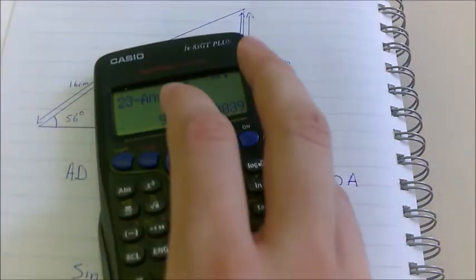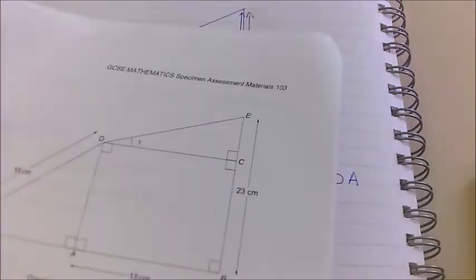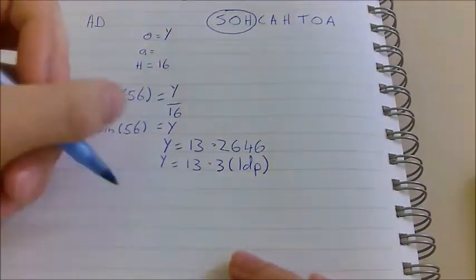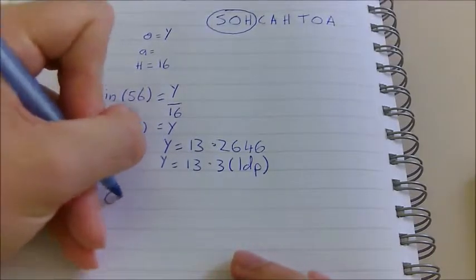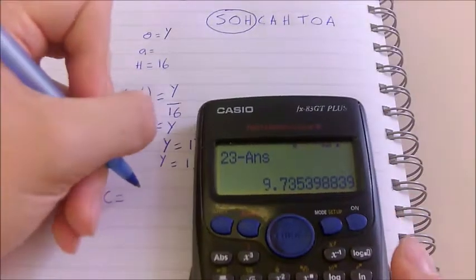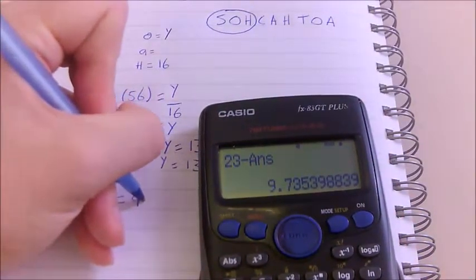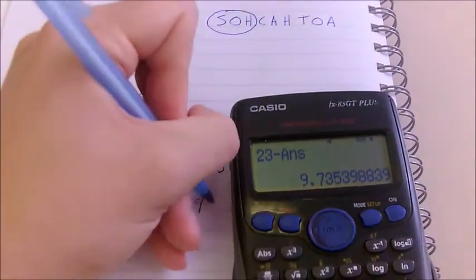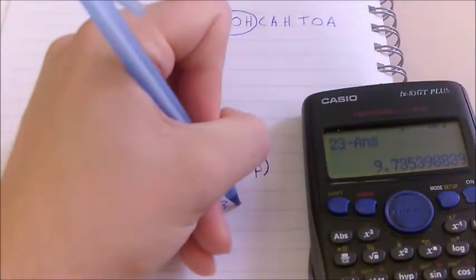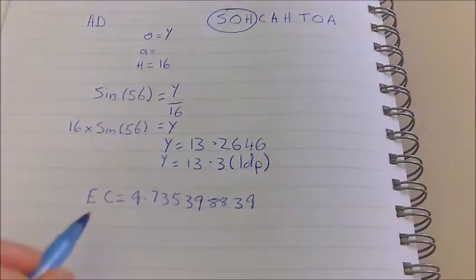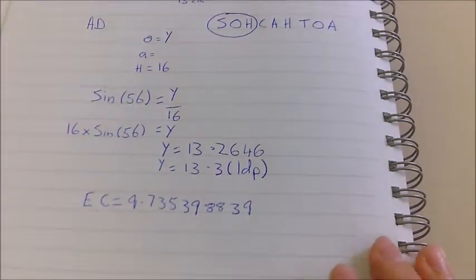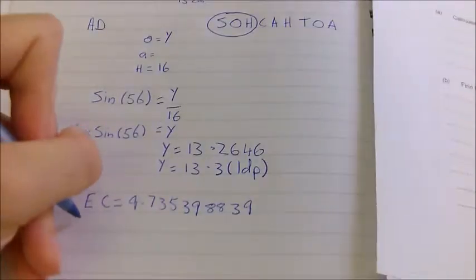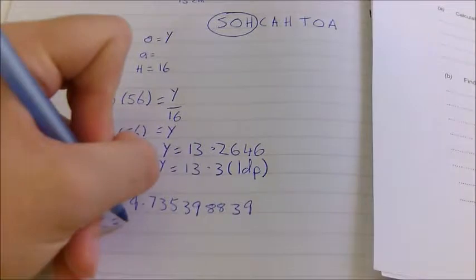The length on the diagram is EC. So I'm going to write down here, EC equals 9.7353988939. So that's EC, and I know that on here D to C is 15. So D to C equals 15.